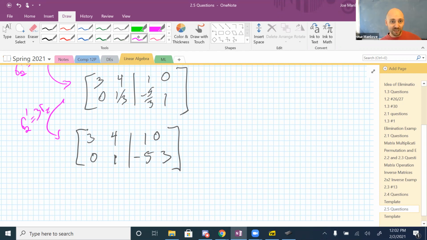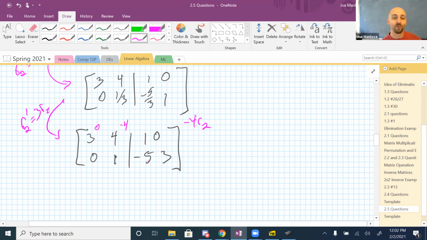Okay, so next step, I'm going to now target that 4. So what am I going to use to target that 4? 4 times row 2. Good. So I'm going to, right here, write minus 4 row 2 in pink. So that's going to be 0 times minus 4 is 0. 1 times minus 4 is minus 4.